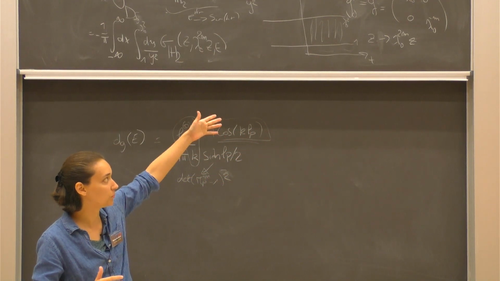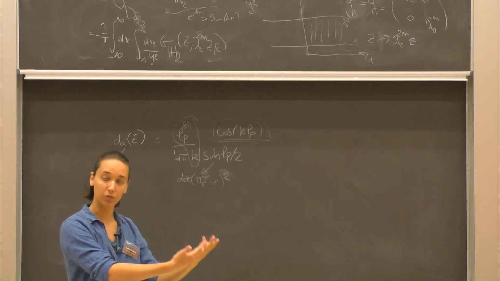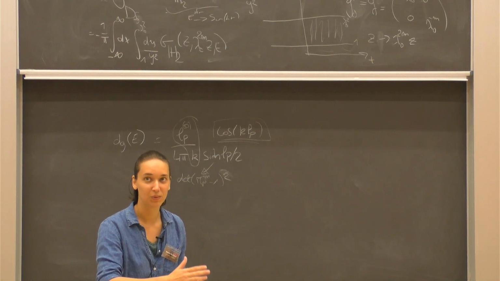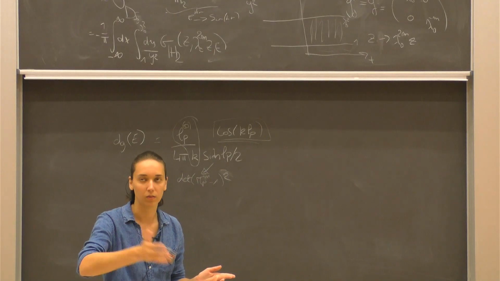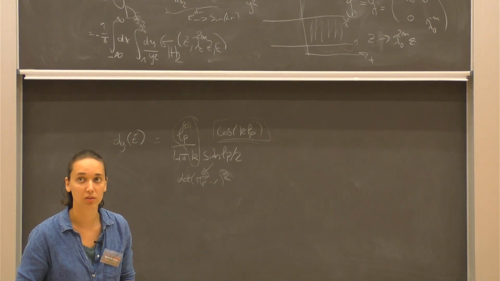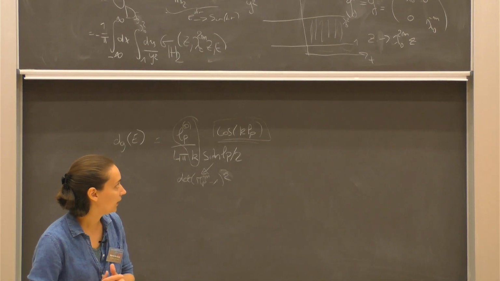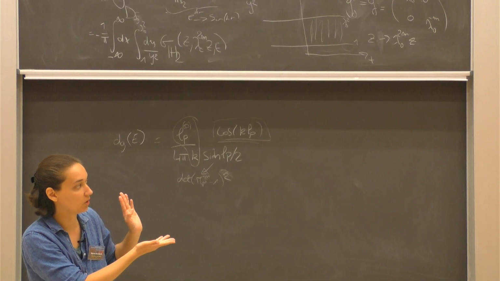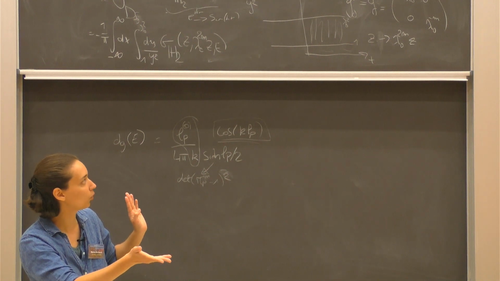Whenever the trace is bigger than 2, it'll give rise to periodic orbits. Whenever it's not bigger than 2, like whenever it's between -2 and 2, I think, there are just no periodic orbits associated to them. And so that's why we don't look at them, because we're interested in this oscillatory part, which comes from the length of periodic orbits.